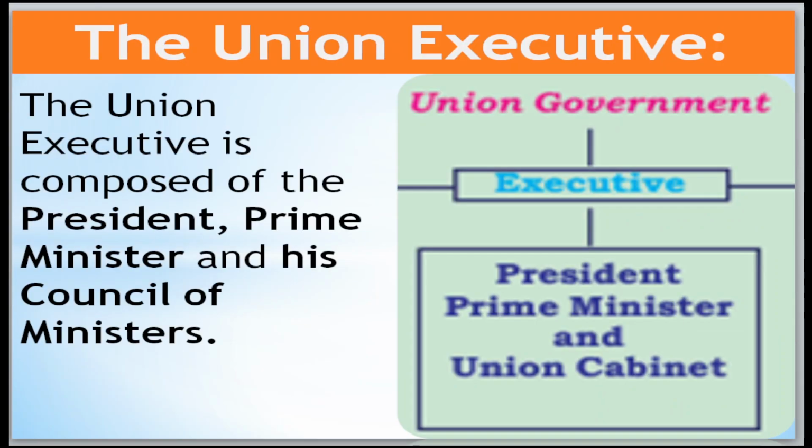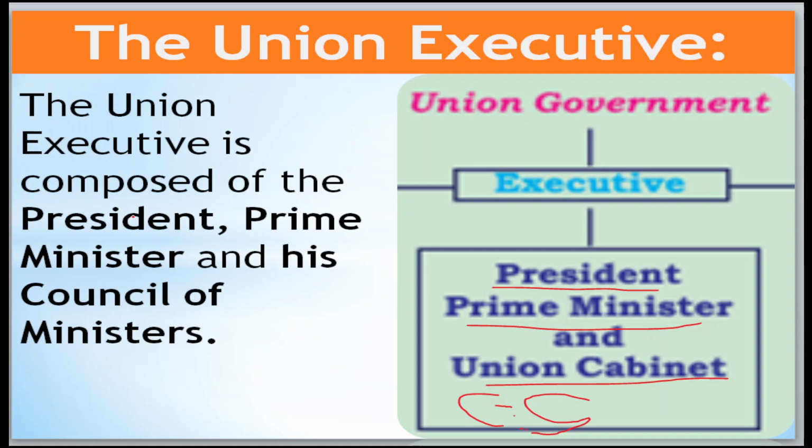Now come to the first, the union executive. Who comes first? The president will be there, the prime minister, then union ministers, and along with that we have the civil servants. Understanding my point?